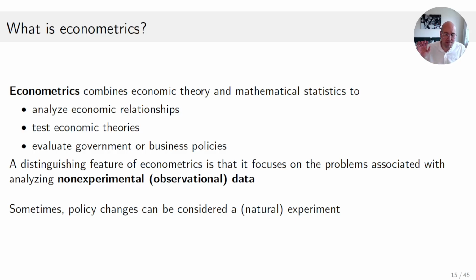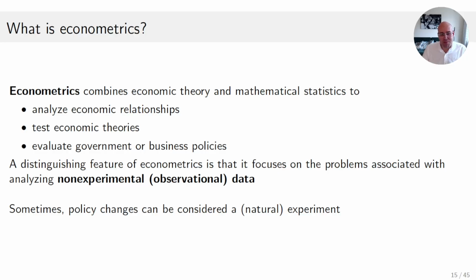So the first one, they must go to college, and the second one, they are not allowed to go to college. And then you look at what happens to people. This would be an experiment. And obviously, this example already shows you that we cannot always run experiments. So we have to use these observational data to learn something about underlying relationships.